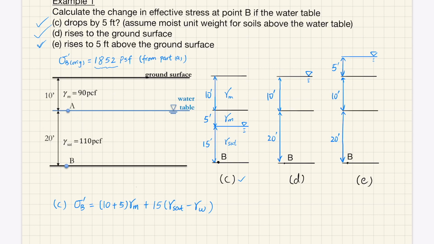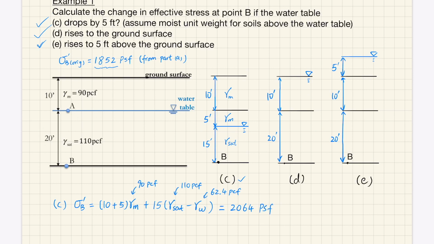Gamma moist is 90 PCF, gamma saturated is 110 PCF, and gamma water is 62.4 pounds per cubic foot. So if we plug in all these numbers, the effective stress at B after the water table drops is 2064 PSF.